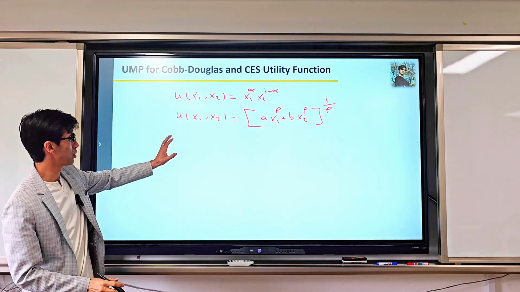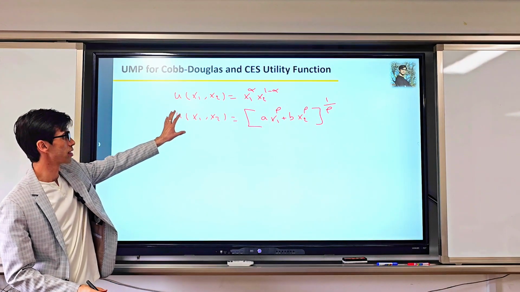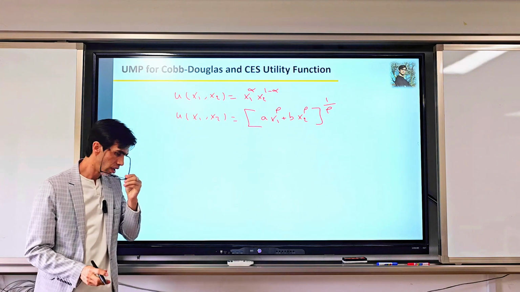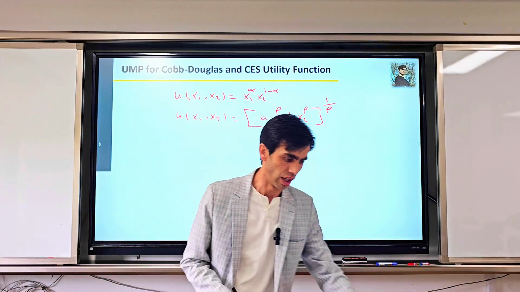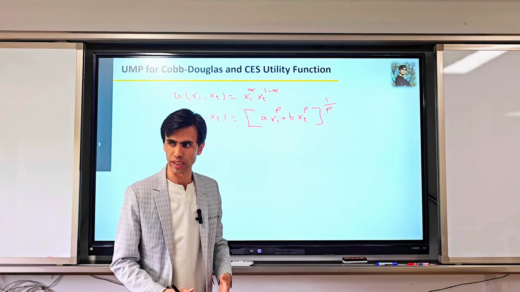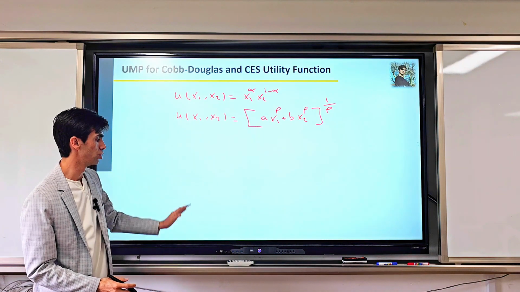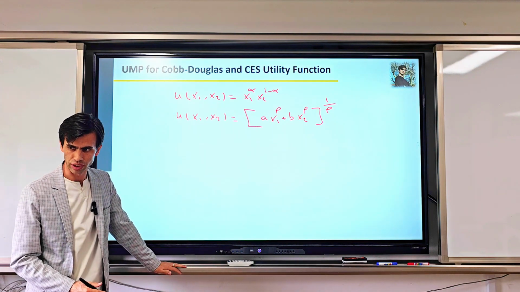So the first type of utility function, which is like Cobb-Douglas and CES utility function, we have the same way of maximizing utility for these 2 different utility functions.